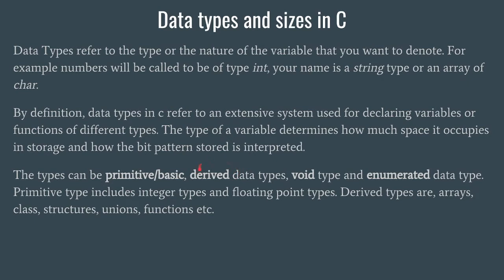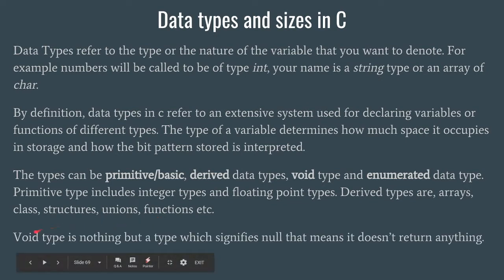Such data types are known as derived data types. For example, void, int, float, char, etc. are the primitive or basic data types, and arrays, structures, classes, unions, all these things are examples of derived data types. These things we shall study as we move on with our course.